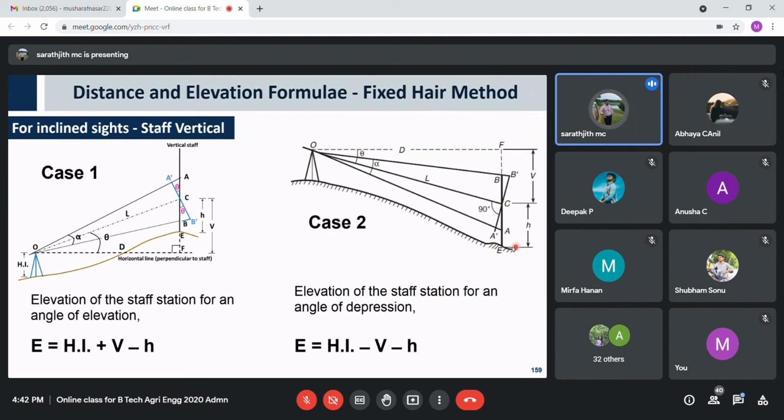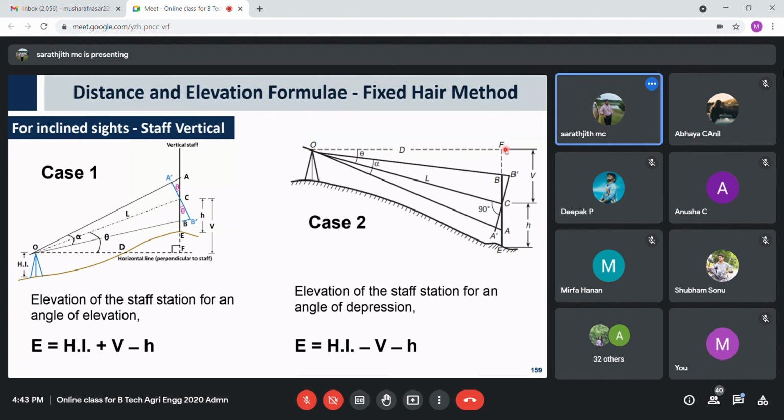In this case, if you want to find the elevation here, you can see that this is your instrument height, okay? HI minus V minus H. This is HI minus V minus H would be the elevation here. This is your height of the instrument, this dotted line.